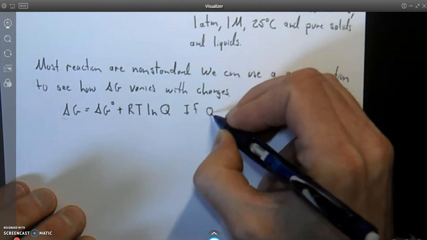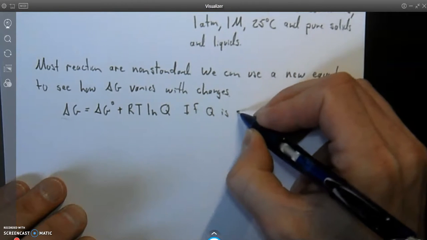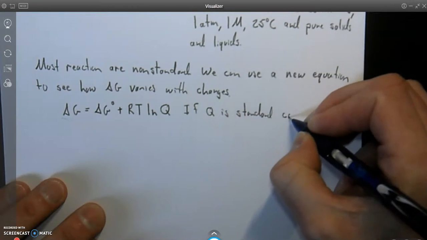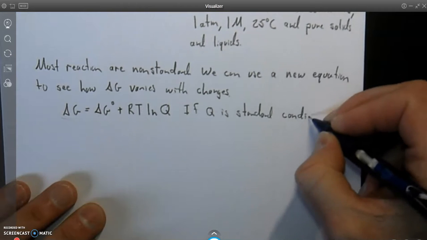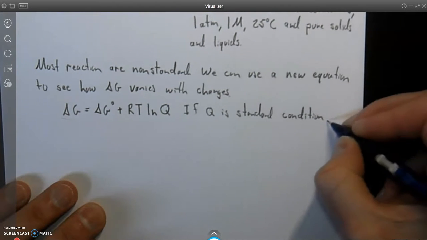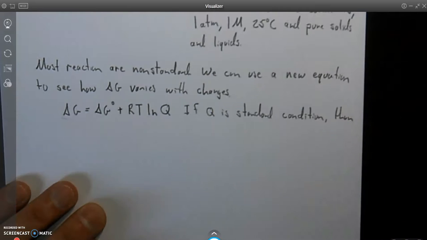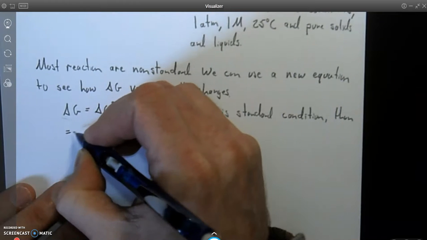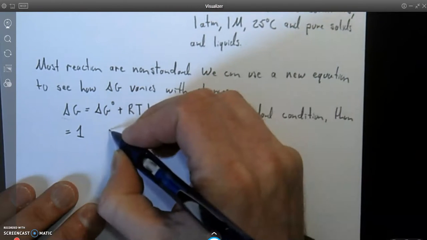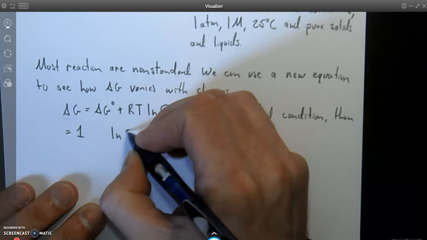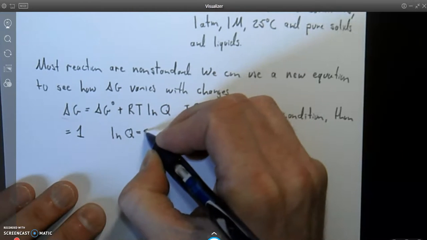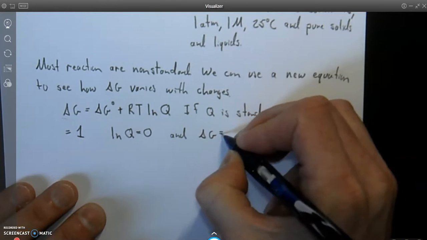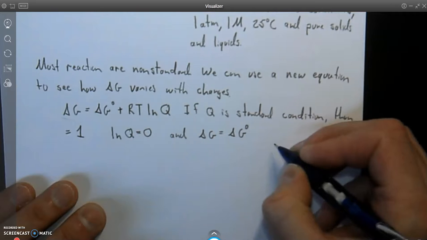If Q is standard, think about the math, then it is standard conditions, then it's equal to 1, and then the natural log of Q is equal to 0, and then delta G is simply going to equal those standard conditions.